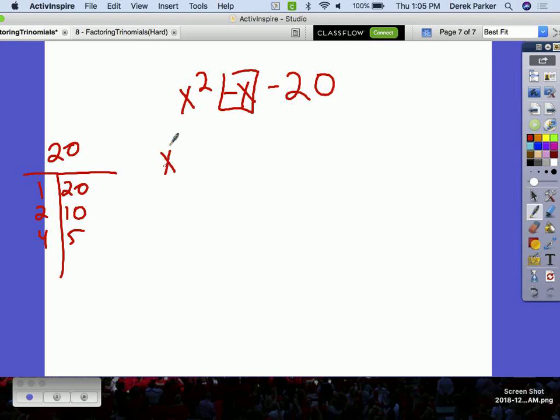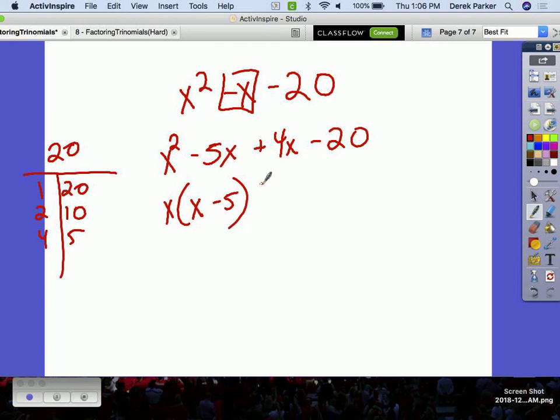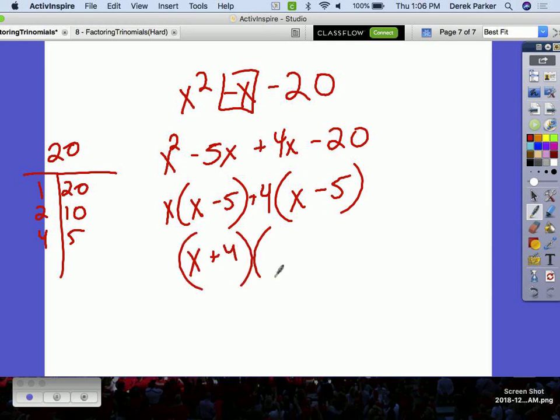So that means x squared minus 5x plus 4x minus 20. X minus 5. Pull out the positive 4. X minus 5. That becomes x plus 4 times x minus 5.